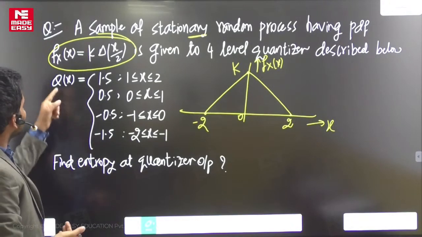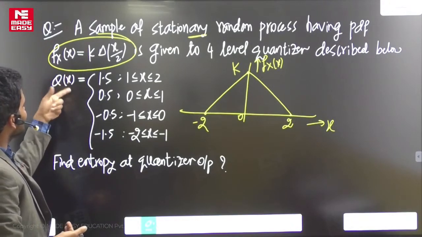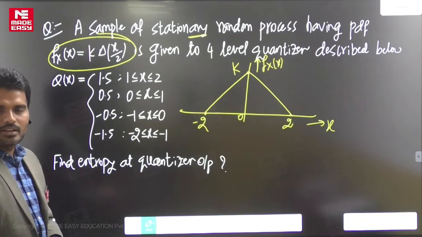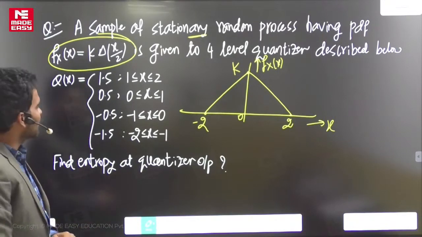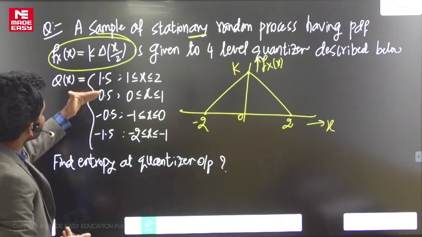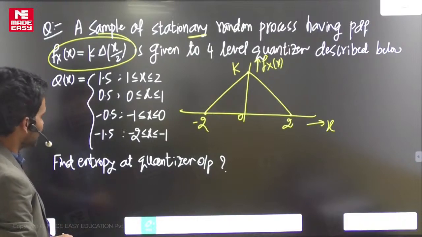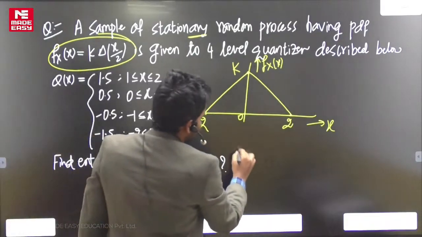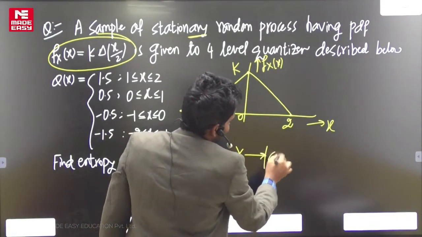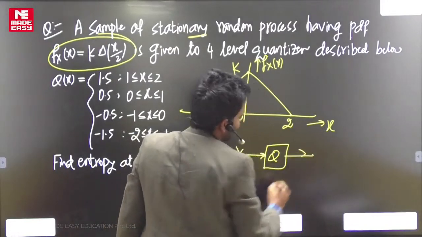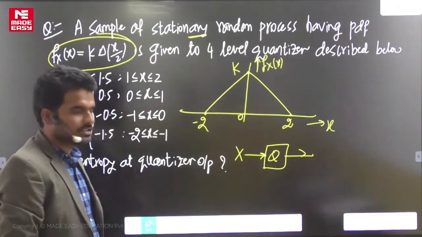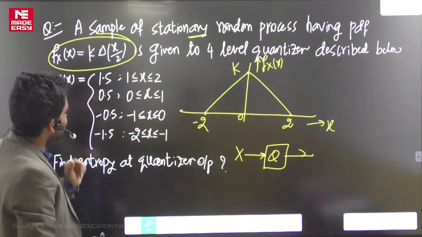Here the output of the quantizer is given. Qx means the output of the quantizer. At the output of the quantizer you will get quantization levels, so these 4 possible quantization levels are given here. This x is given to the 4-level quantizer. What are the quantization levels available here?